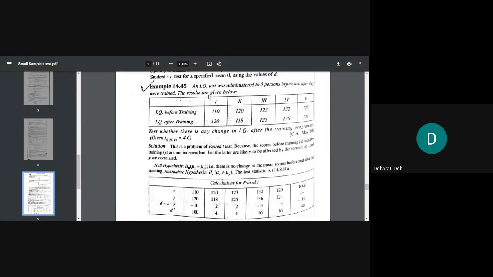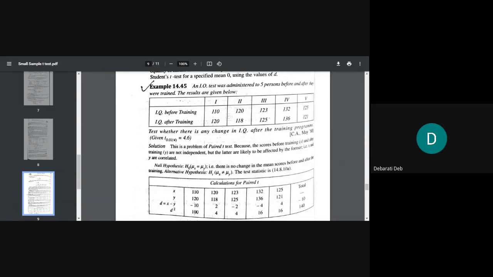So what does it say? An IQ test was administered to 5 persons before and after they were trained. Sorry, IQ test was done to 5 persons, so 5 is your sample size. To the 5 persons, one training was provided, and the IQ test was done before the training and after the training.